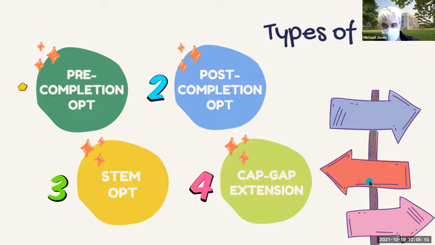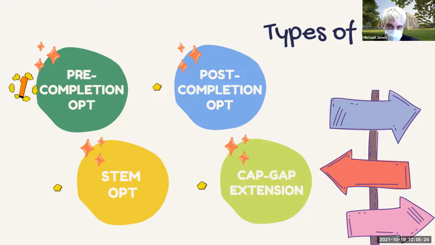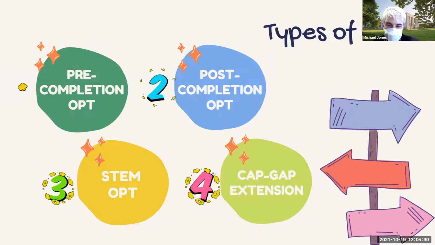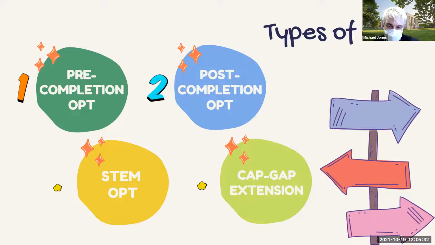Okay, so types of OPT. There are 4 types of OPT. There's pre-completion OPT, which you can do before you complete your degree. There's post-completion OPT, which you get after you finish your associate's degree at PCC. Then there are also 2 other types, STEM and CAP-GAP.